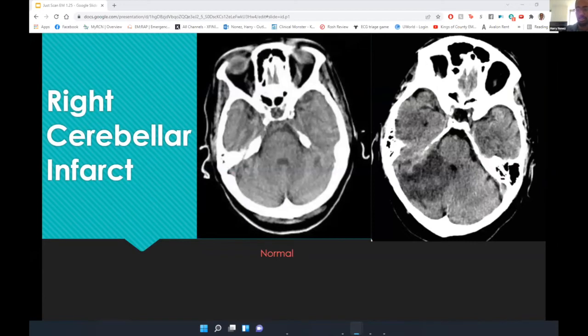They usually are darker gray in appearance. Chronic infarcts are actually dark black, like CSF, because tissue loss from the neuronal cell death liquefies and is known as encephalomalacia. As you can see, left is normal, right is the cerebellar infarct. Thank you, Ryan.